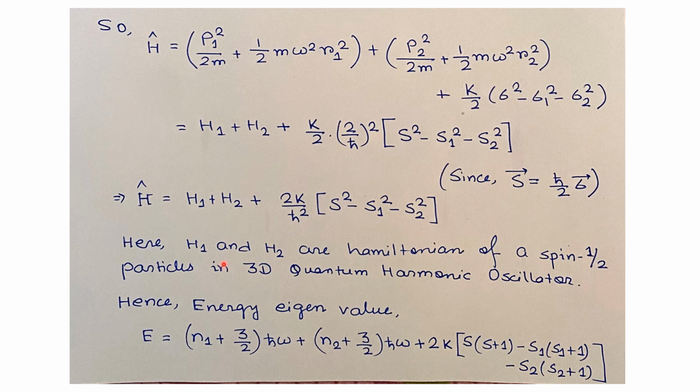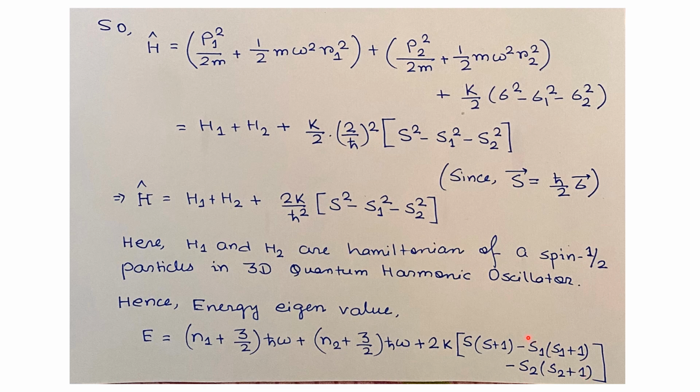Here H1 and H2 are Hamiltonians of spin-half particles in a three-dimensional quantum harmonic oscillator. So the energy eigenvalue will be E equals N1 plus 3 by 2 times h cut omega plus N2 plus 3 by 2 times h cut omega plus 2k times S into S plus 1 minus S1 into S1 plus 1 minus S2 into S2 plus 1.